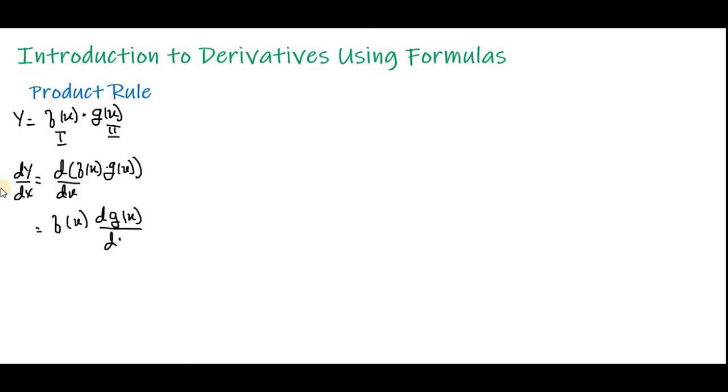Then we take the derivative of the second function dgx, then put plus, and the second function will remain as it is, and we take the derivative of first function. So this is the product rule and commonly known as u into v formula.